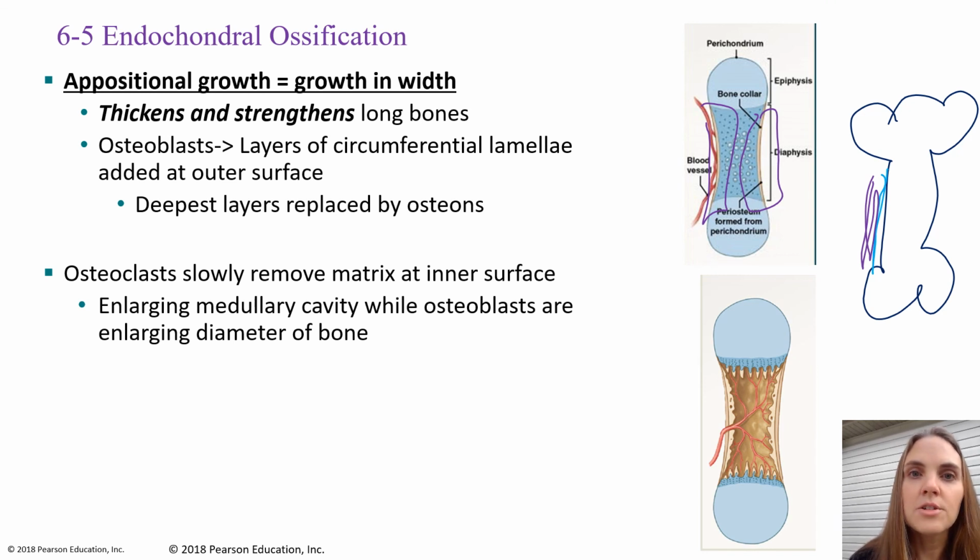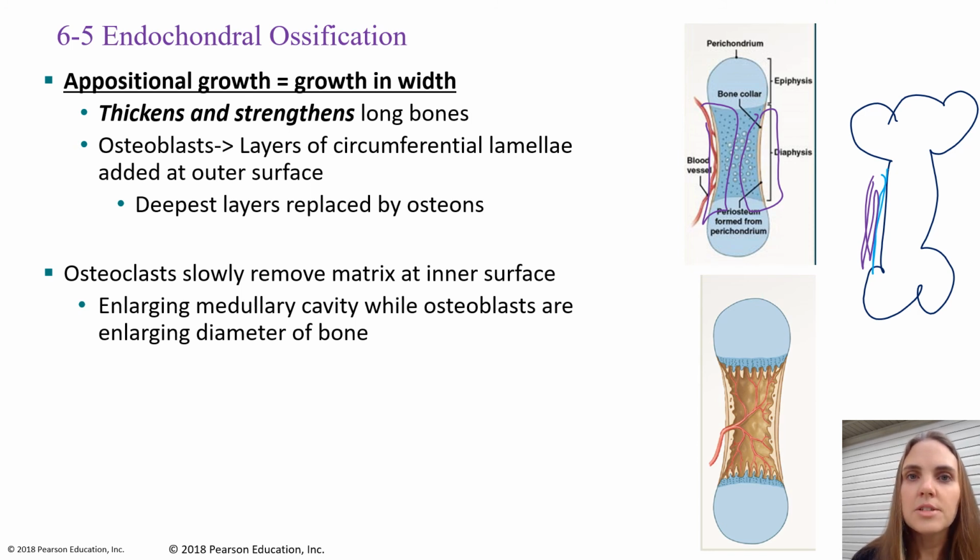So that inner cellular layer of that periosteum, those cells are differentiating into osteoblasts and depositing superficial layers of bone matrix to increase the diameter of the bone. Those osteoblasts eventually become surrounded in matrix completely, and then they differentiate into osteocytes.